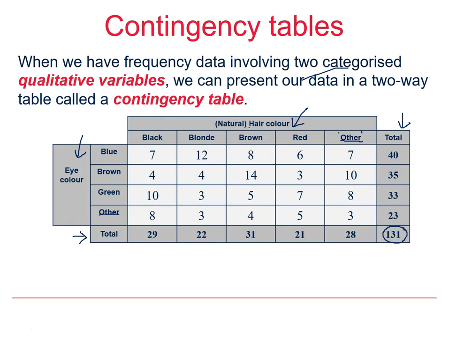And if we have a look at this contingency table, say in this cell, as we call it, this category there, that's people with brown hair and green eyes, and we had 5 of those in our sample.